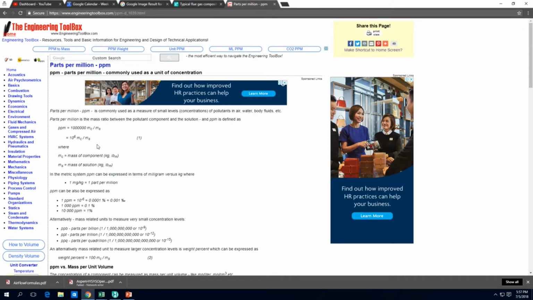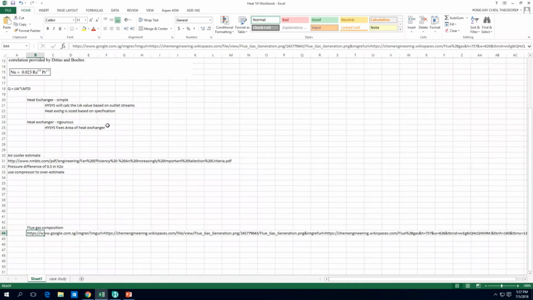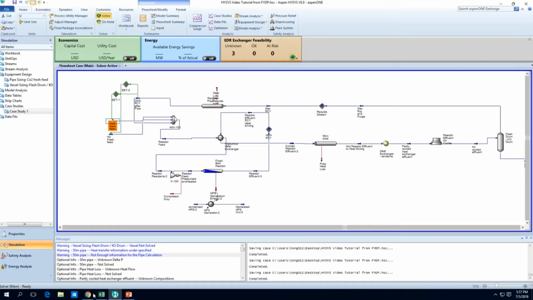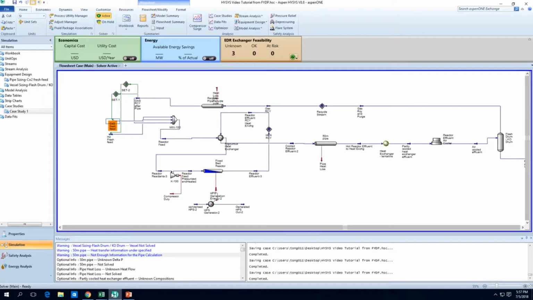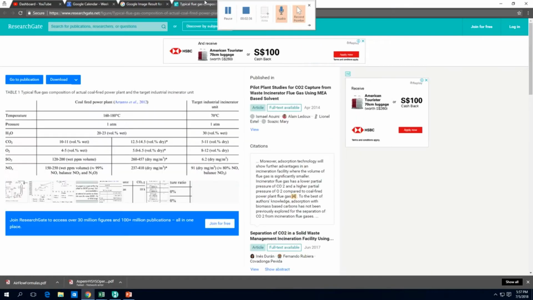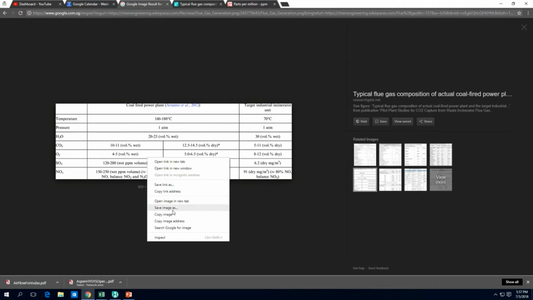Well, the thing is that 10,000 ppm is about 1% by mass. So we'll just take that into account, and use that to estimate our flue gas composition.